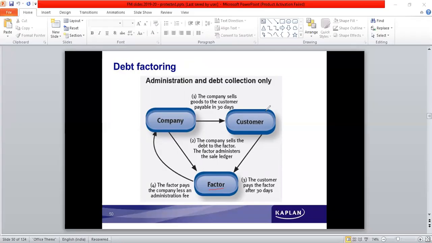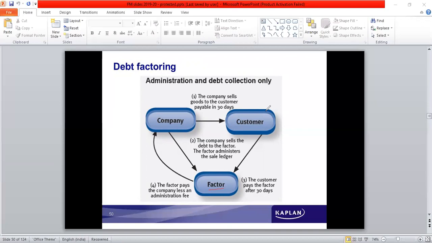Like the invoice discounter, the factor also gives a particular percentage of the amount to the company. On the due date, the factor presents these invoices to the customer and collects the amount from the customer. In the earlier case, it was the company which was collecting the amount from the customer, but here the factor collects the amount from the customer and remits the balance amount of the sale transaction.